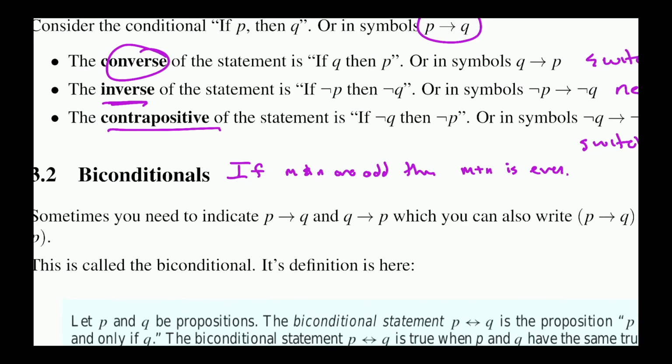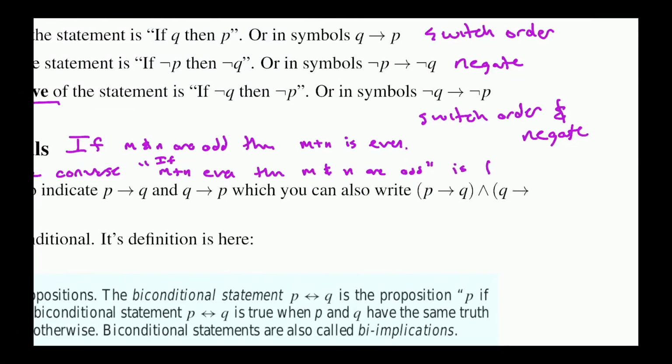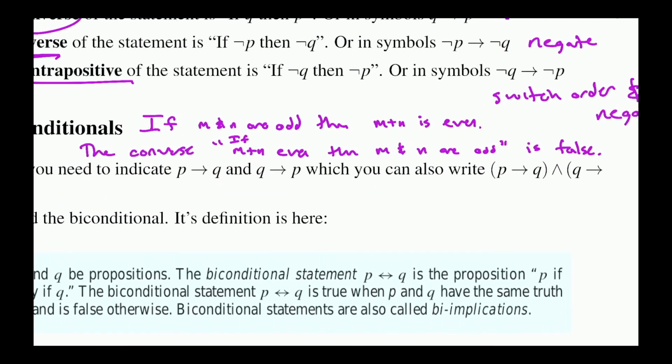It happens to be true, but the converse is not true. What's the converse? If m plus n is even, then m and n are odd, which is false.